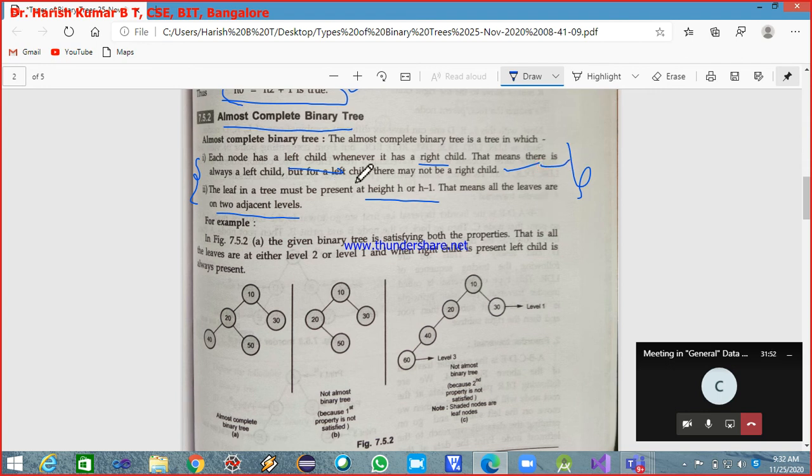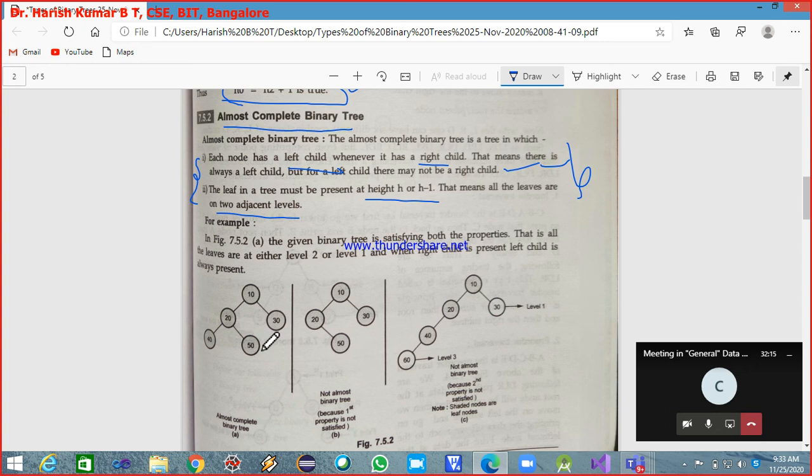Now go for checking whether it satisfies constraint 2. What does constraint 2 say? All the leaf nodes must be present on 2 adjacent levels, at the height h or h minus 1. Now, 40, 50 and 30 are the leaf nodes, the external nodes.